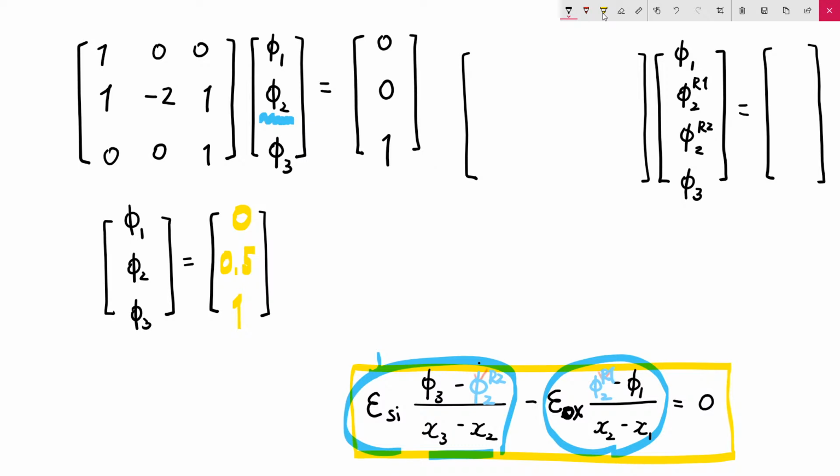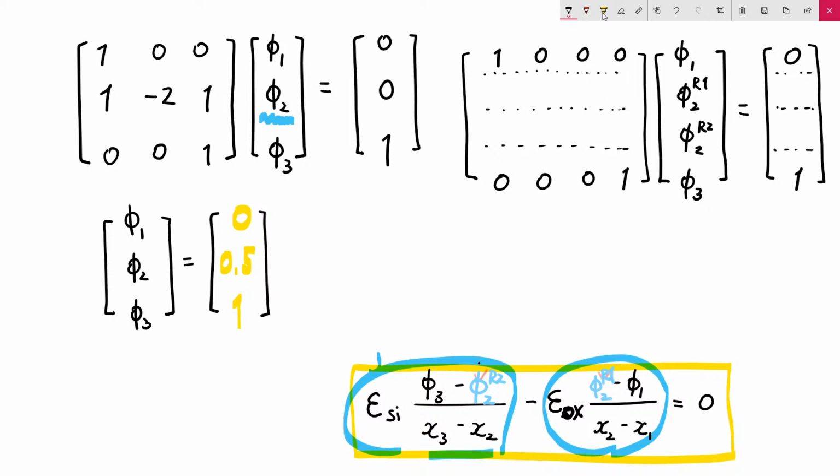Once again, if we apply the directly boundary condition for top and bottom contact, then we will have 1, 0, 0, 0. That becomes just 0, and it is not that difficult. Also, when we apply the boundary condition for our phi 3, then we will have 0, 0, 0, 1, and that will be just number 1.